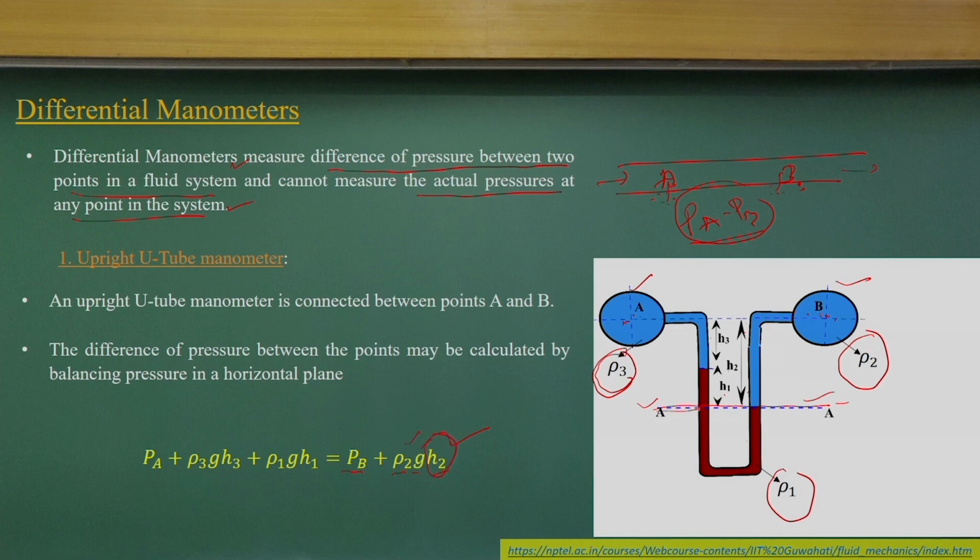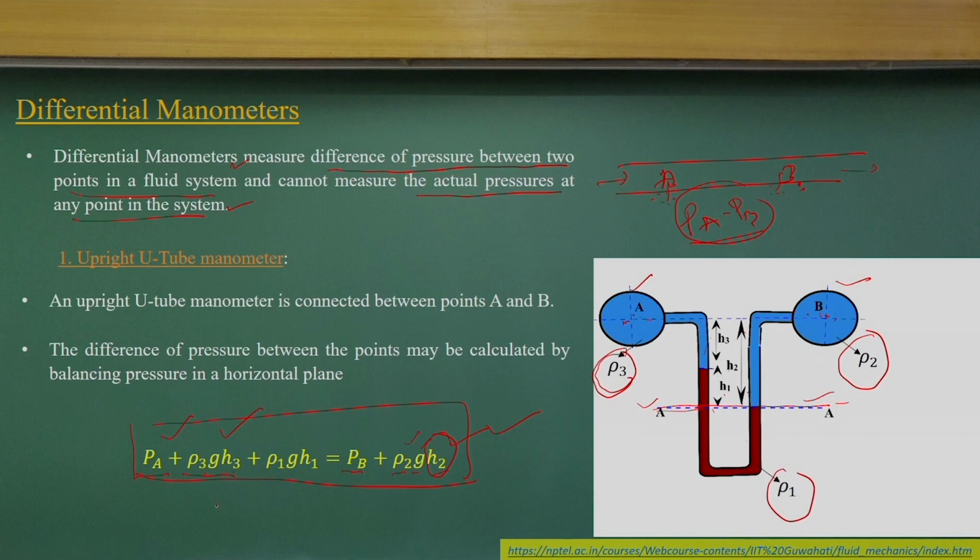If I look at this point, the limb connected to A has the pressure PA at that point. Then, because of the fluid carried by this conduit, with H3 as the height, it will be rho 3 g H3. Then you have the manometric liquid height difference, which will be rho 1 g H1. So you will get these very basic equations to compute the pressure difference.